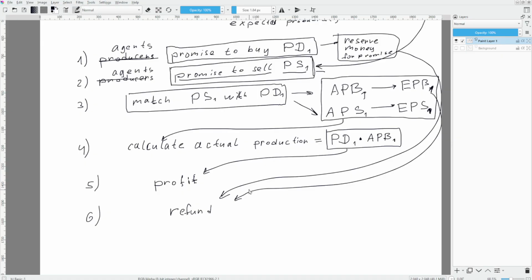This is why it's important to distinguish demand and consumption, right? It's essentially this difference. And we reserve money for demand, and then we actually spend this reserved money according to consumption.